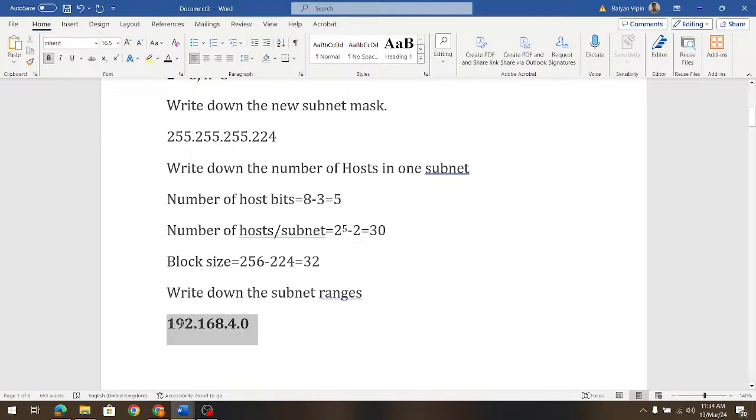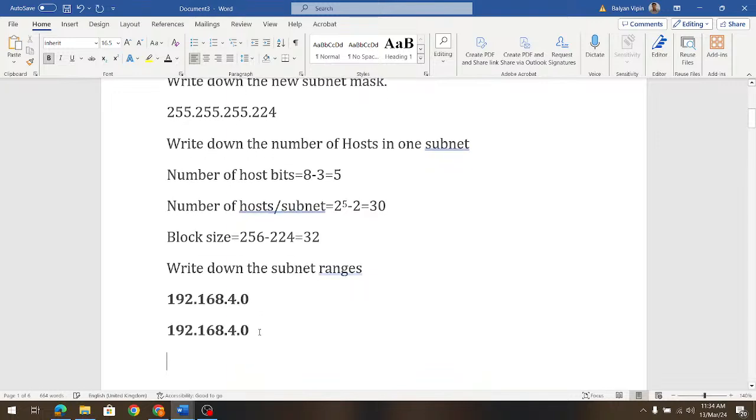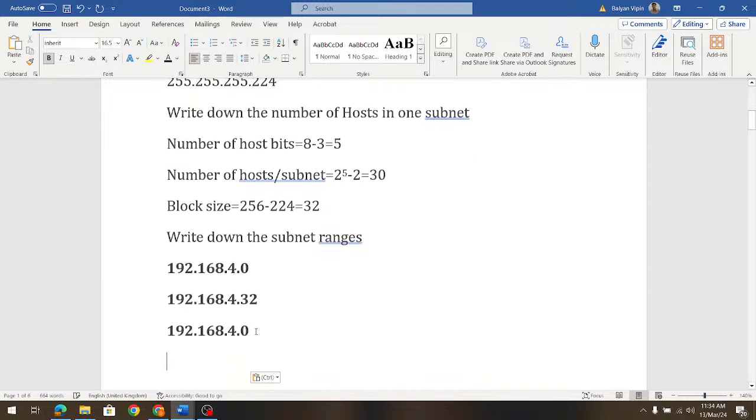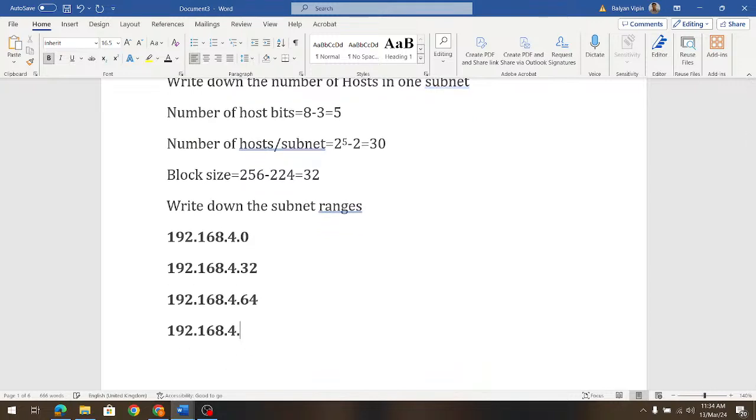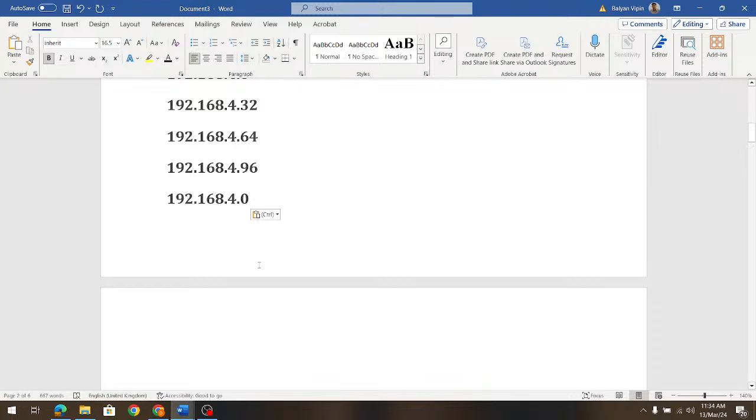So the subnets are basically, it will be 32. Then we have 64 because the block size is 32. Then we have 96. Then we have 128.